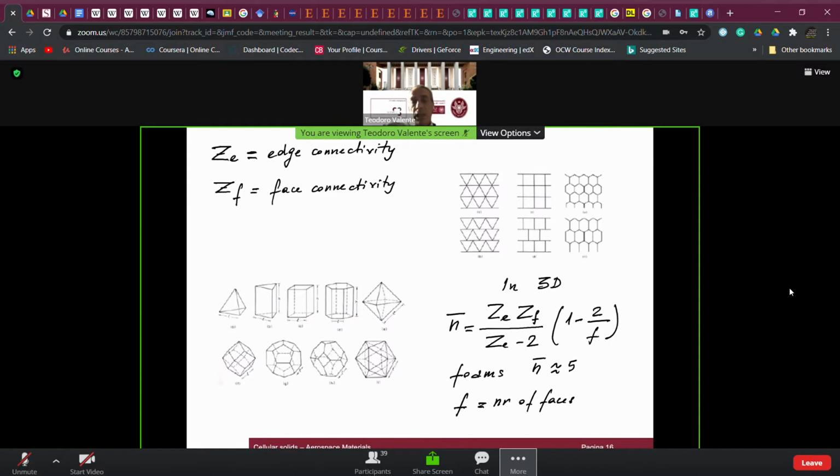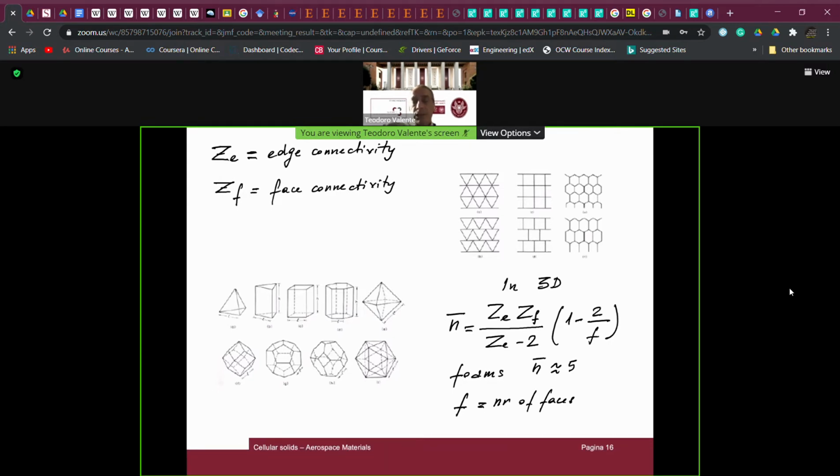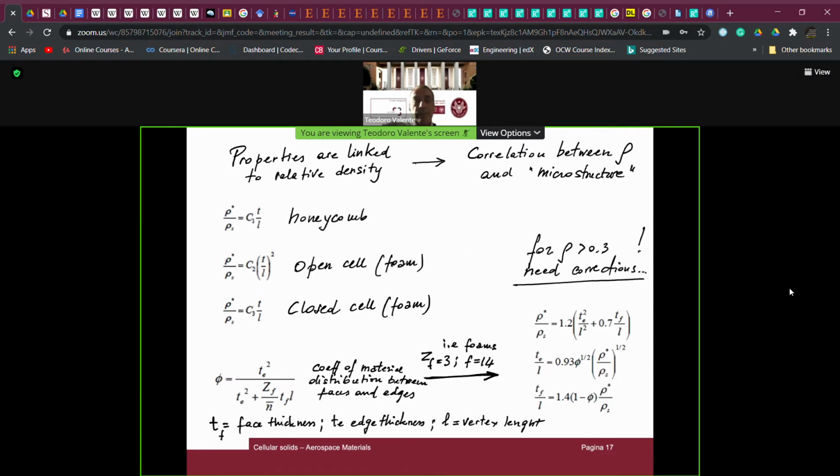So it assumes importance when we need to make some consideration about cellular solids, which are classified as closed cell cellular solids.